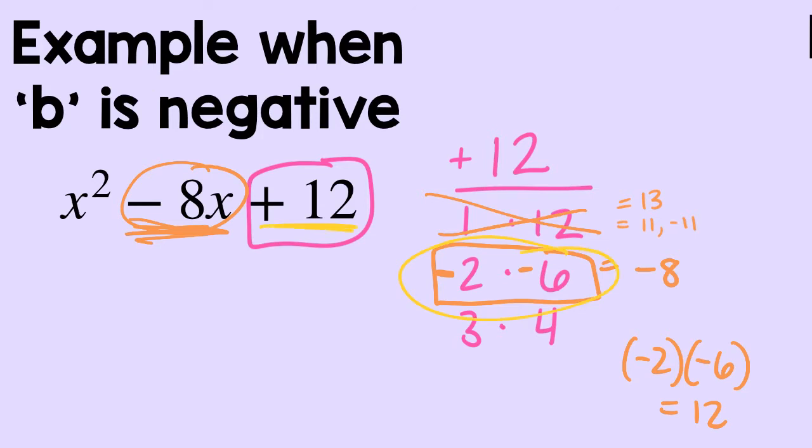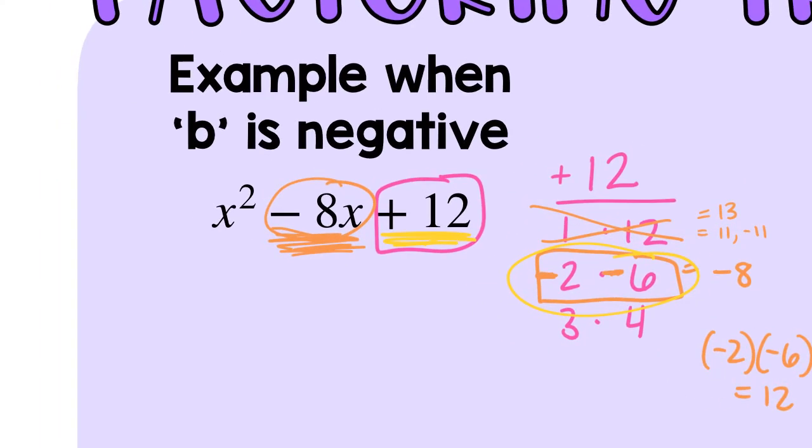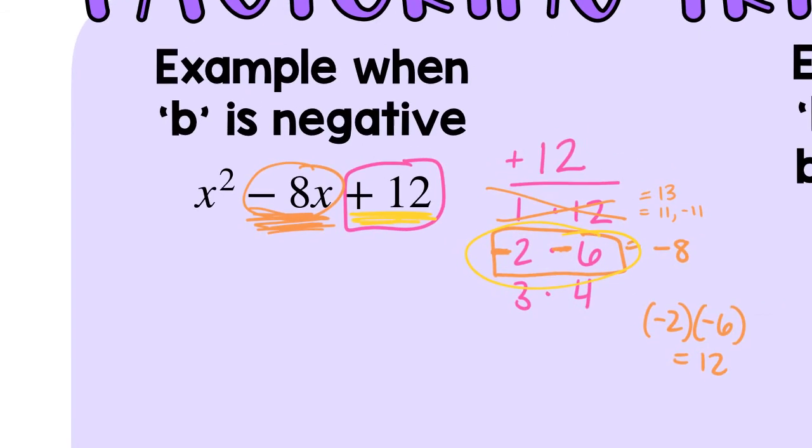We have a +12 if you multiply, and we have a -8 if you add. So I want to make sure that both of these numbers here are negative numbers. So when I fill in my factors, let's go ahead and write in our binomials, I want both of them to be negative. So x minus 2 and x minus 6.